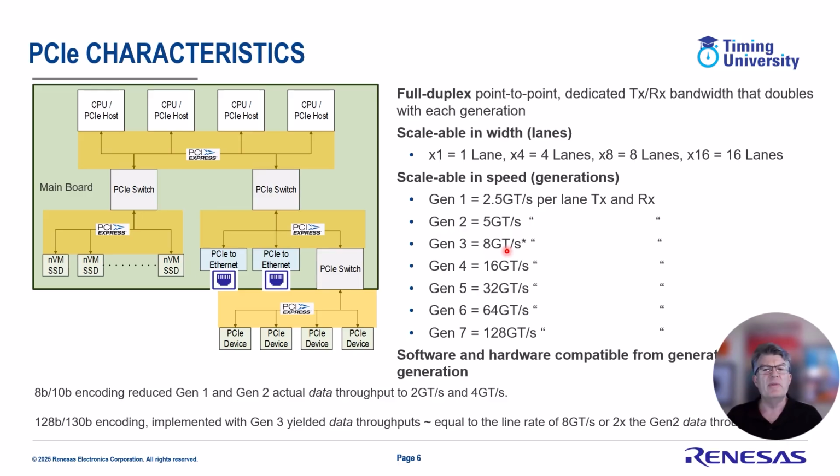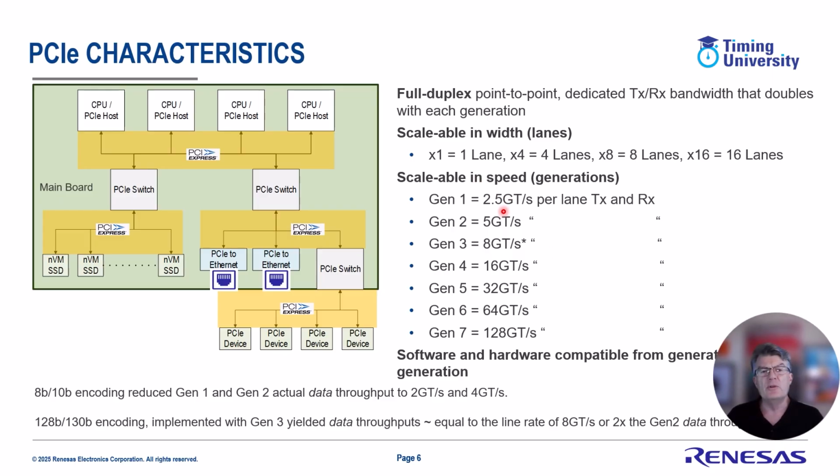encoding scheme of the data onto the serial bus changed from 8B/10B to 128B/130B. And this is essentially zero overhead. It's a super small percentage, but it rounds to basically no overhead. So this 8 gig of transfers per second is actually 8 gig of usable data.